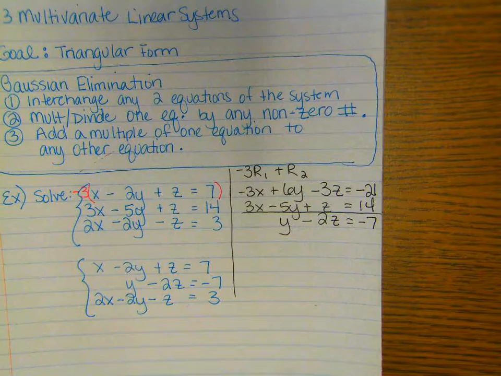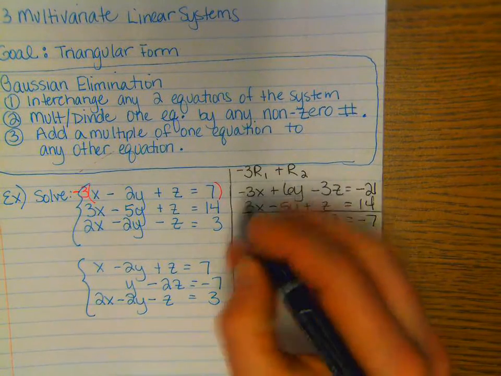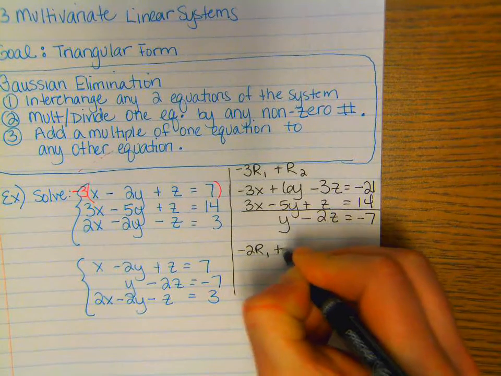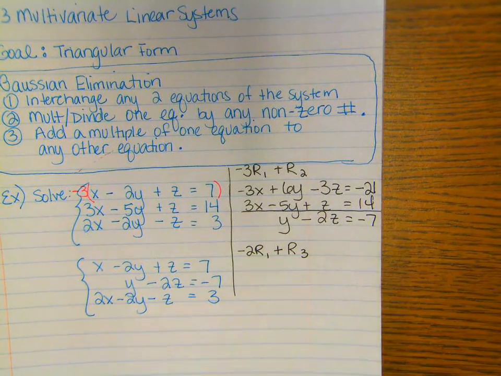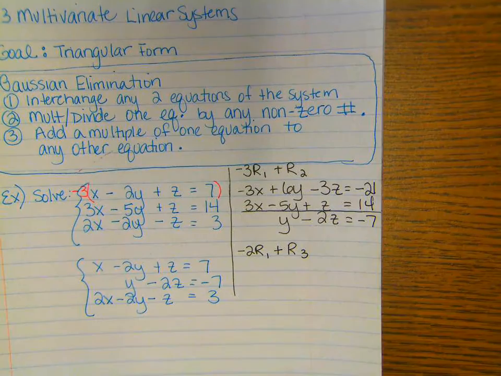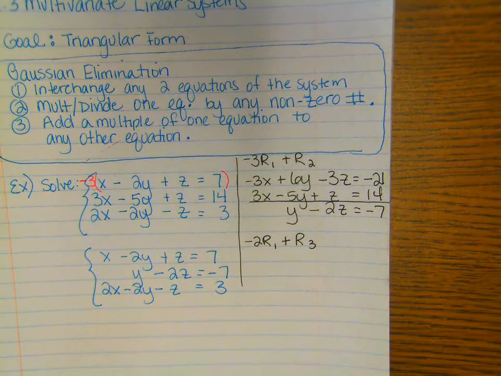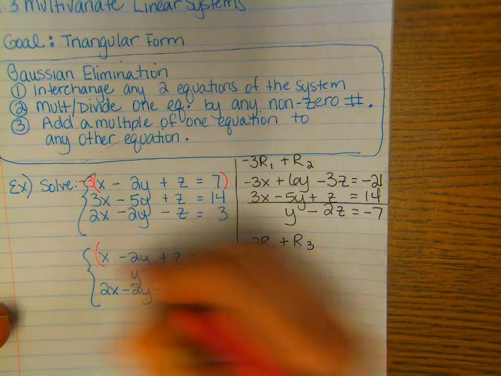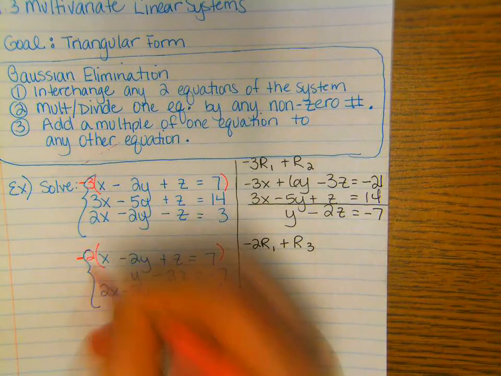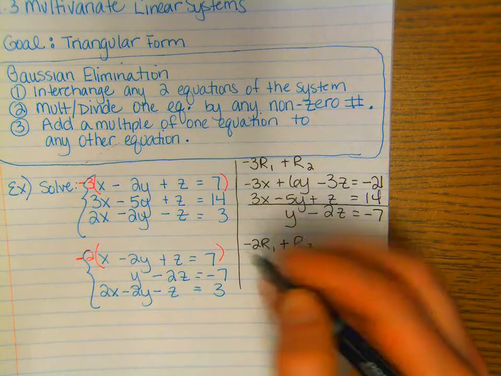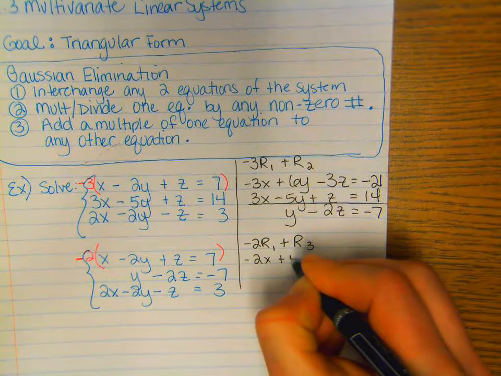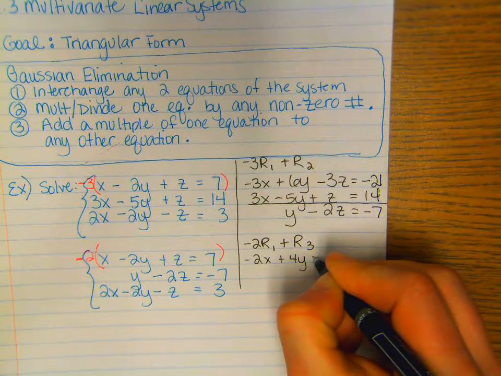So I'm going to write it out. We're going to do negative 2 times row 1. We're going to add it on to row 3. So then I have, multiply that by negative 2. Negative 2x plus 4y minus 2z equals negative 14.